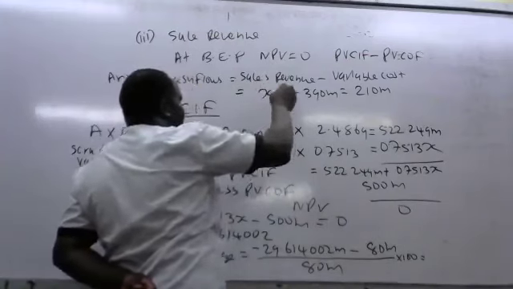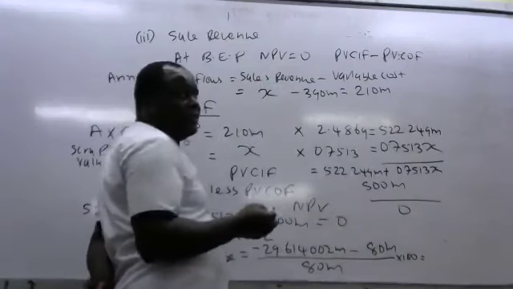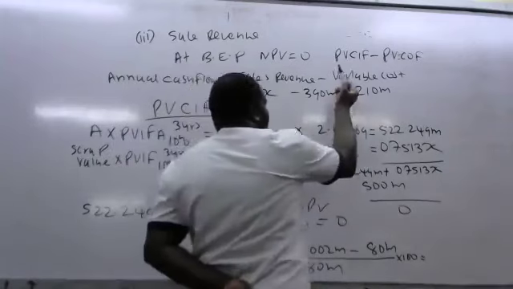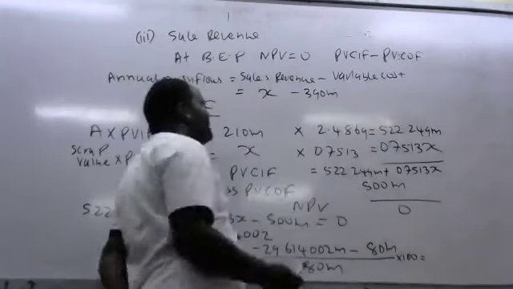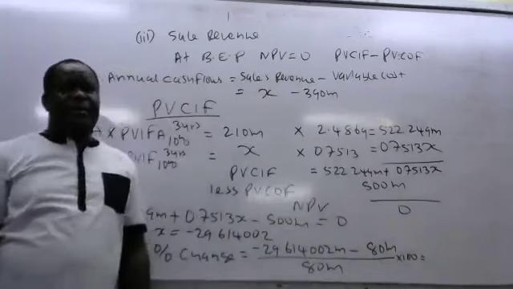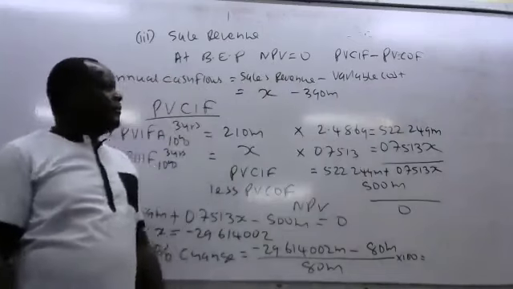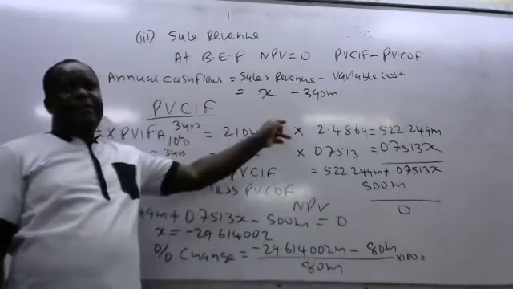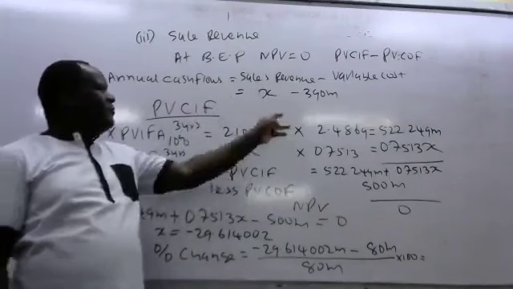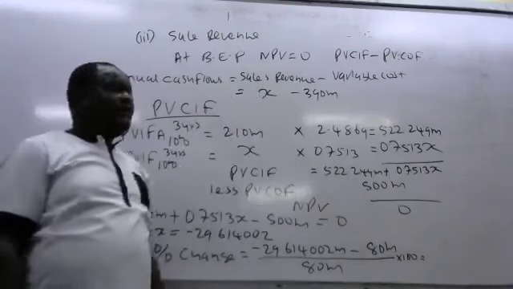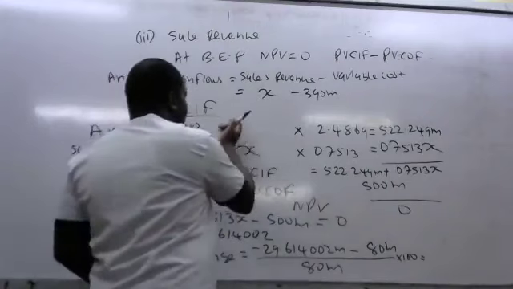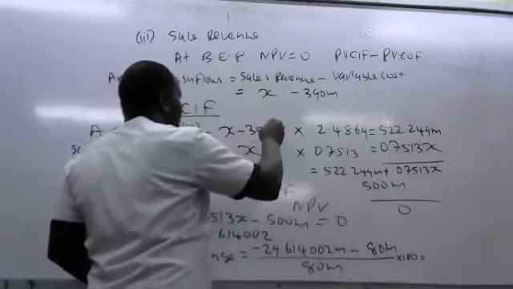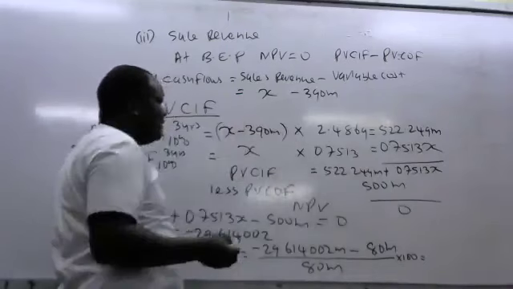So this one, we make it X. But the variable cost will come back to that. So our sales revenue is now simply X minus 3.9. So now our annual cash flows will be X minus 390. So you come here, you change this here to X minus 390.